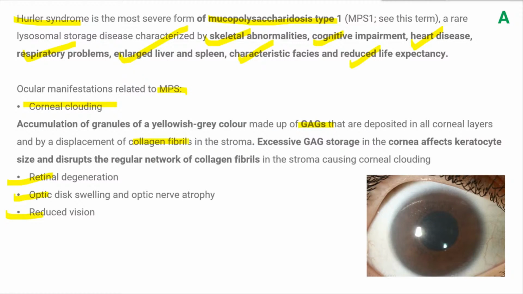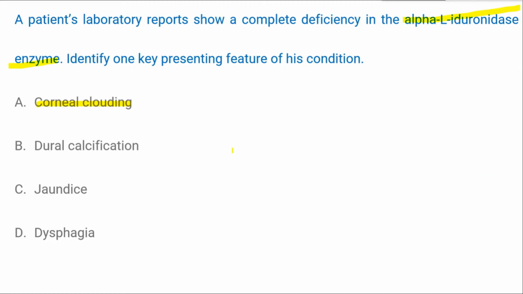As a result of this excess GAG storage, it affects the keratocyte size and disrupts the stroma adjacent to it, leading to the characteristic clouding of the cornea. That is why corneal clouding will occur in case of Hurler syndrome.